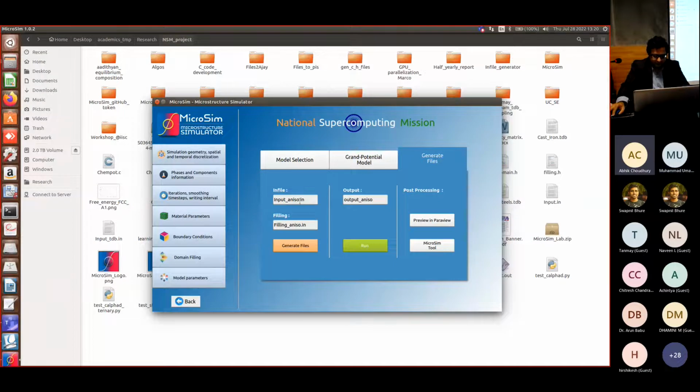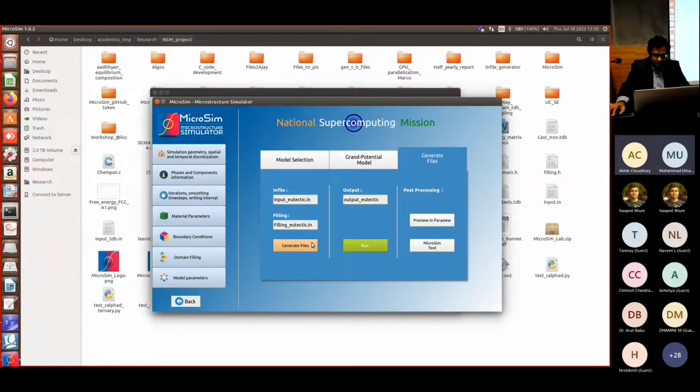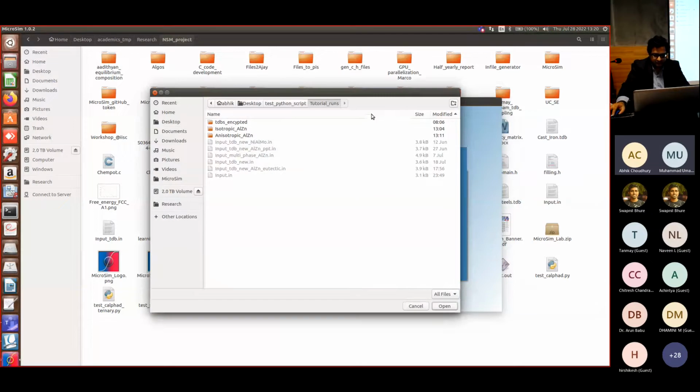OK, so now I will create this as input eutectic, and this will be filling eutectic, and I will do output eutectic. OK, so I'll generate the input file. So here I will make another folder, which will be eutectic aluminum zinc.